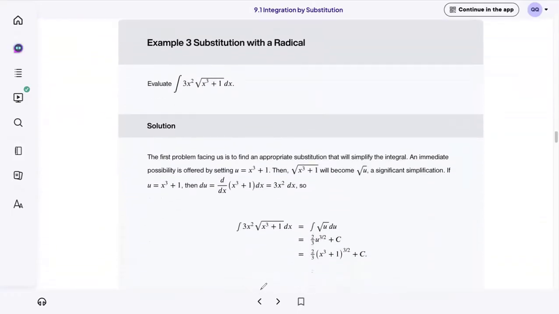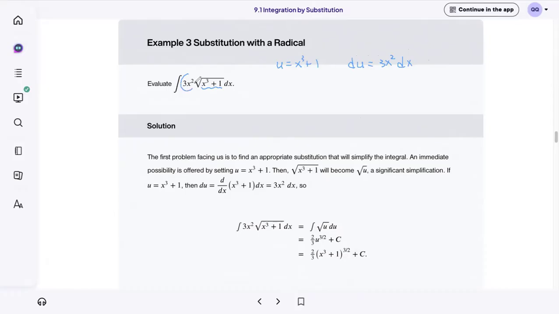Let's see this example. We want u to be x cubed plus 1. Then we take du, so du equals 3x squared, the derivative of 1 becomes 0, dx.